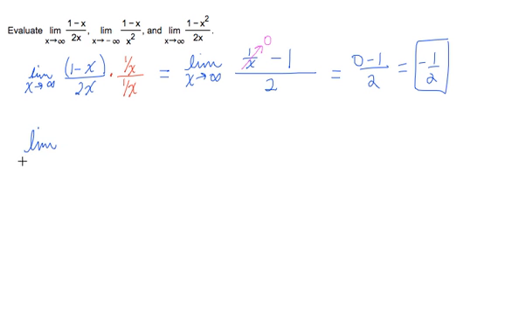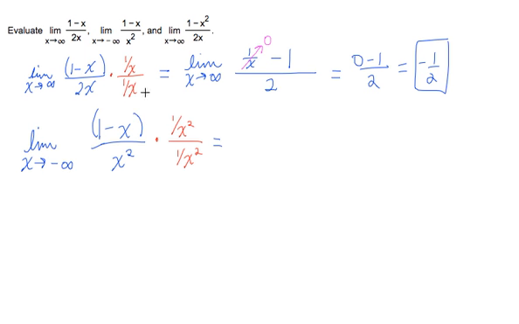The second limit is the limit as x approaches -infinity of (1 minus x) over x squared. Because the highest power of x is this 2 right here, on this one we're going to multiply by (1 over x squared) over (1 over x squared), and distribute, adding parentheses if it makes it easier for you to see.